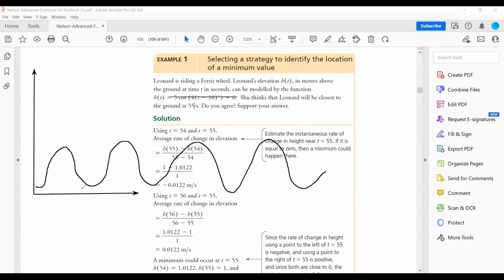And the closest to the ground, he would be in the bottom of this curve, right? So we have to find where the instantaneous rate of change equals 0, and not in the top, right? Because in the top, he won't be closest to the ground, but in the bottom, in the valley.